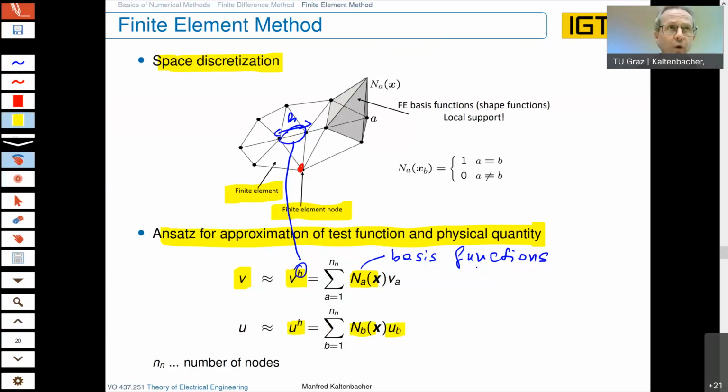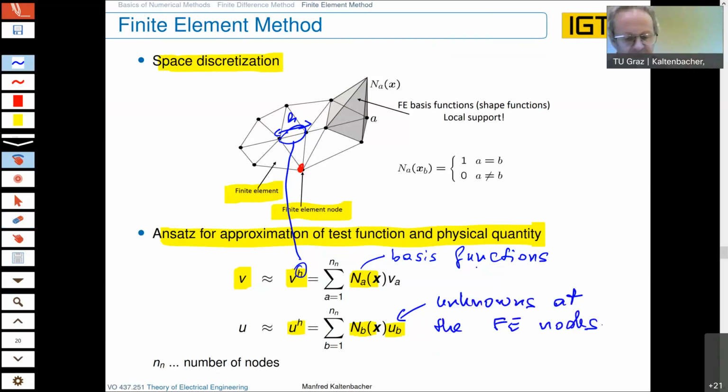Yeah, that's clearly in all the nodes where we do not have any Dirichlet boundary condition. So these are our unknowns at the finite element nodes.